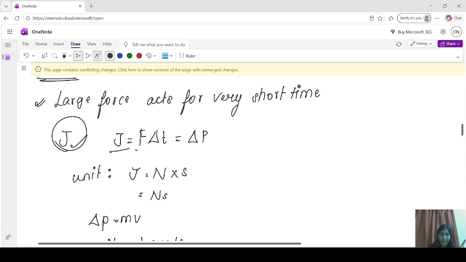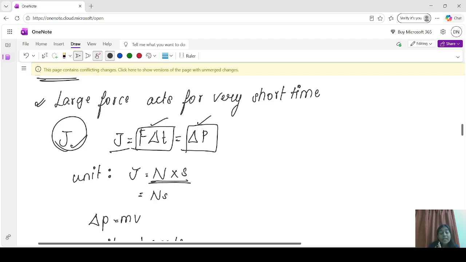J is equal to F delta T. Okay. And it is also known as delta P. Okay. So therefore, I have mentioned here F delta T is equal to delta P. So what is the unit? Newton second.